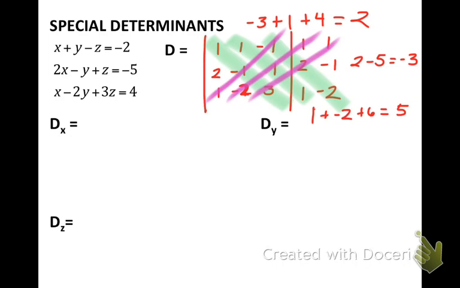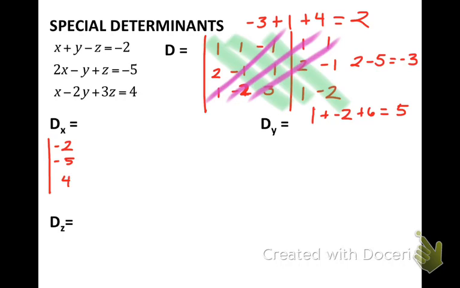Okay. All right, so now let's do D sub x. What's that going to look like? So we're inputting my answers, or my constants, in place of the coefficients of x. So my first column is going to be the answers of negative 2, negative 5, 4.